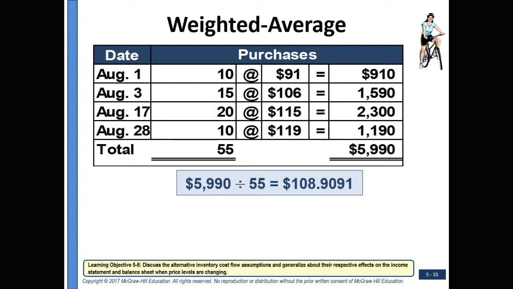That purchase was $1,590. We applied this to all the purchases and combined it with the beginning inventory value for a total of $5,990. We divide that by the total amount of units available for that given period, or 55. That gives us a weighted average cost per unit of $108, well, 108.9091.